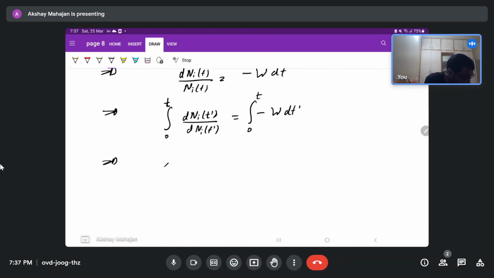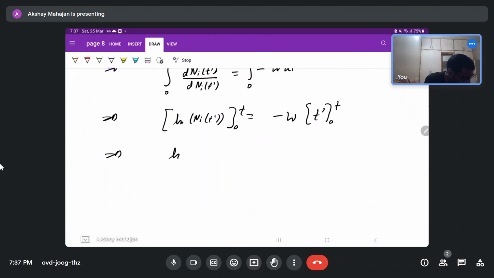That gives us ln of Ni(t') from 0 to t equals minus W t' from 0 to t. So what we get is ln Ni(t) minus ln Ni at t equals 0 equals minus W times t.